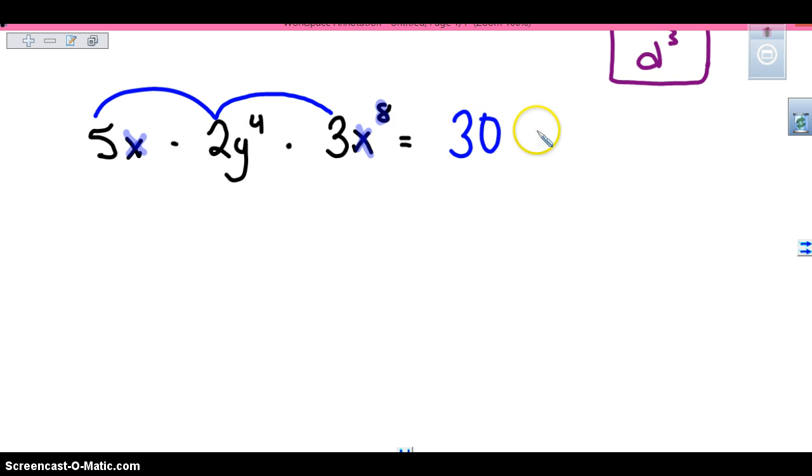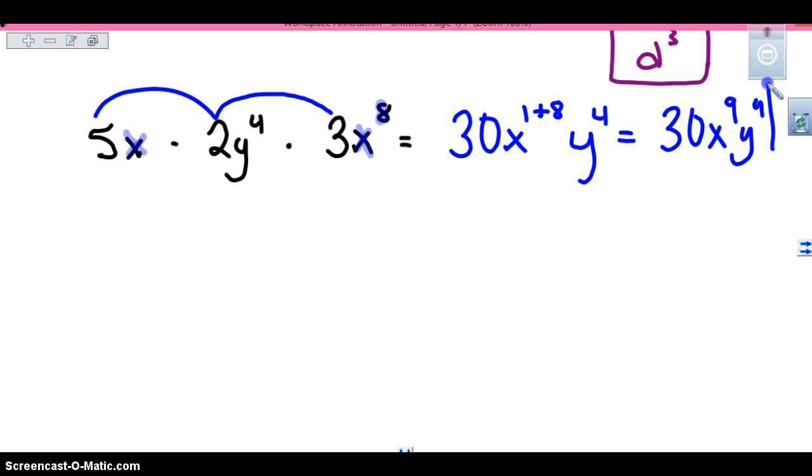Then we've got the x. This x has an invisible 1 plus 8. What about the y to the 4th power? It doesn't have anything in common, so it just tags along. This equals 30 x to the 9th power, y to the 4th power.